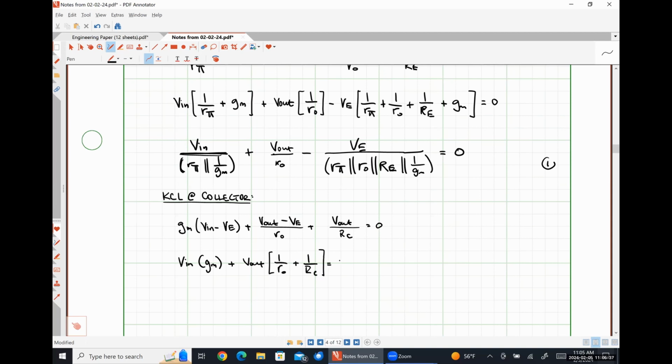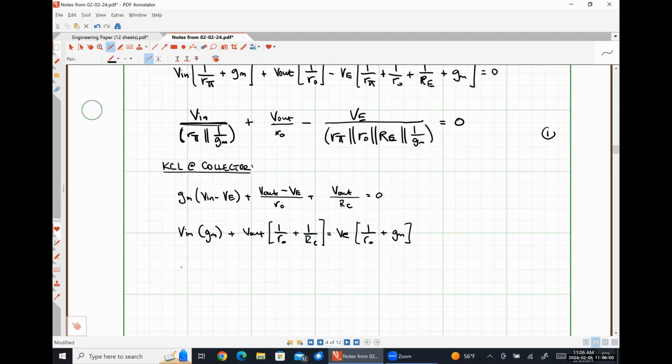And then this is equal to Ve times a factor of 1 over r naught plus gm. And so now I have voltages being multiplied by conductances, and so we can treat those conductances as the reciprocal of resistances.